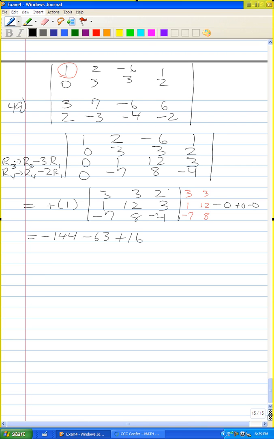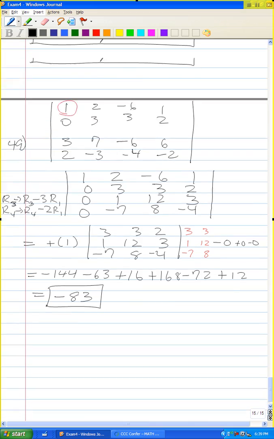Minus and minus is a plus. 84 times 2, 168. Minus 72. Minus and minus give you a plus 12. Which is equal to 75, 135, 279. That's going to give you 180, 196, negative 83.